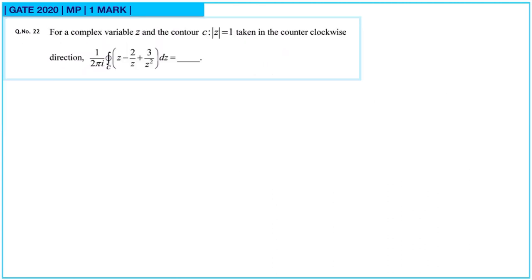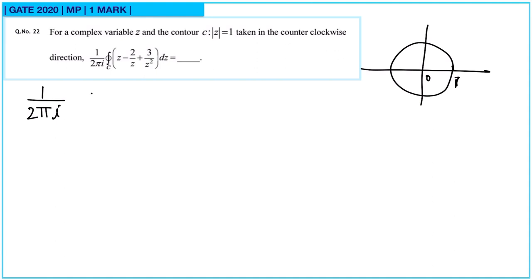Next question. For a complex variable z and a contour C, |z| = 1 taken in the counterclockwise sense. So this is the contour. This value is 1, 0. In the counterclockwise direction, the value of this: we have 1/(2πi) ∮ (z − 2z + 3z²) dz.